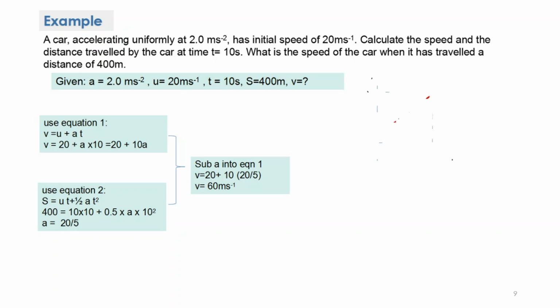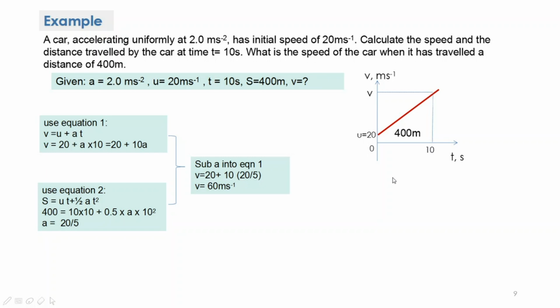To use the graphical method, first you need to draw the graph v versus t, then draw the straight line as shown. u equal to 20, v unknown, and the time is equal to 10.